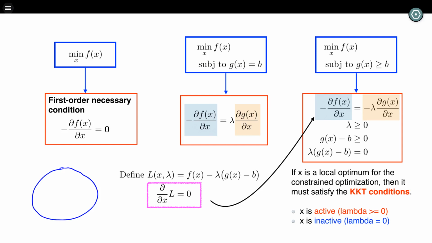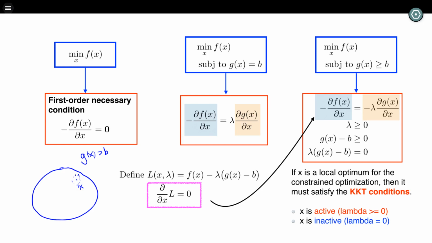Okay, so here we have to talk about two cases. Suppose x is a local minimizer, or at least solves that optimization problem. So suppose that x is inside this region. That means g(x) is strictly bigger than b. If that's the case, we know that we can always place a tiny neighborhood around x such that all the points in that neighborhood satisfy this constraint.